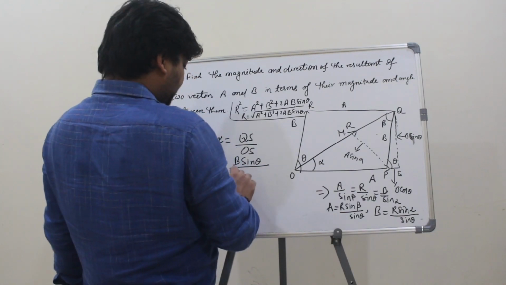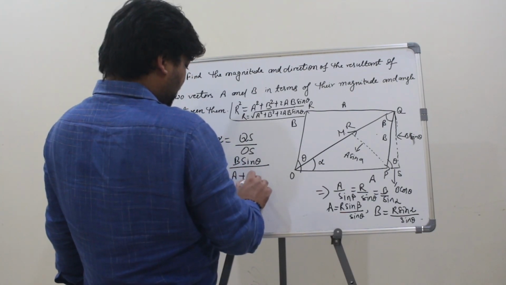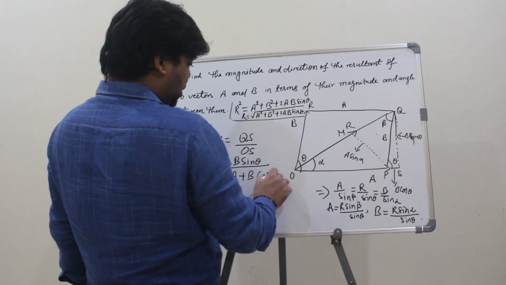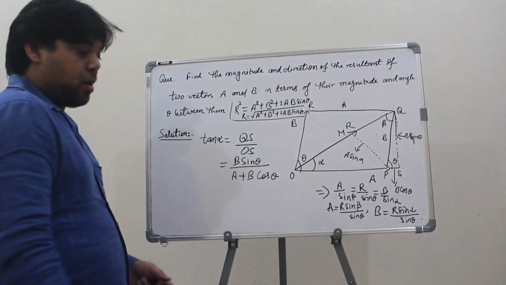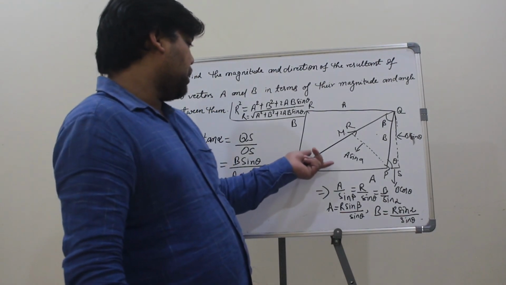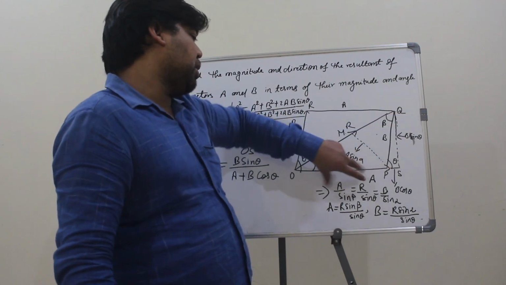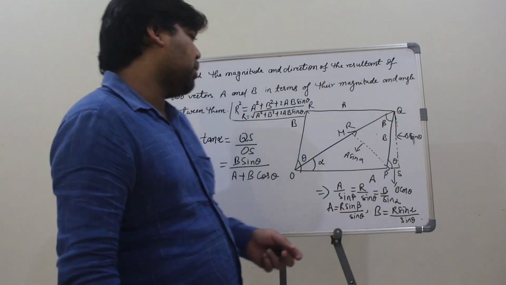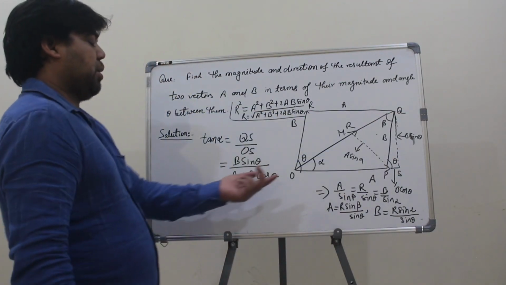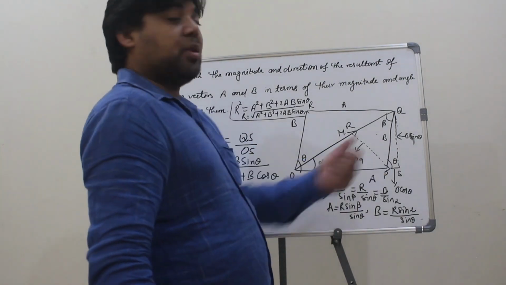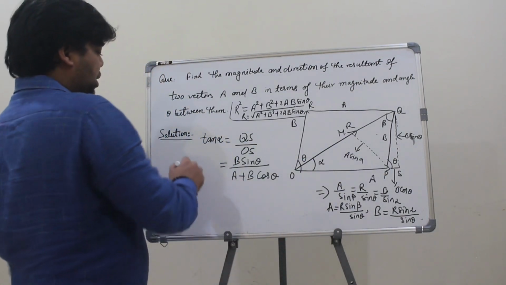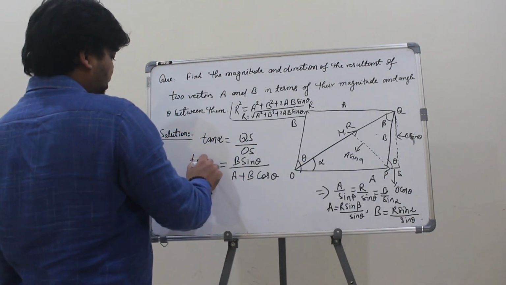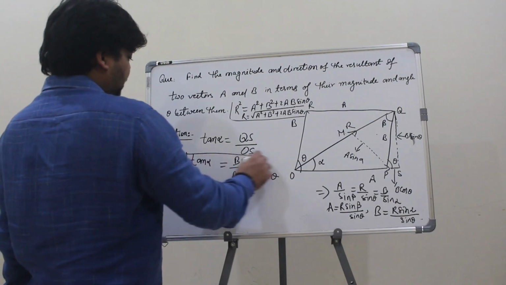Divided by A plus B cos theta, right? So tan alpha is this divided by this. Now this is already calculated as B sin theta, and this is calculated as A plus B cos theta. So this tan alpha gives you B sin theta divided by A plus B cos theta.